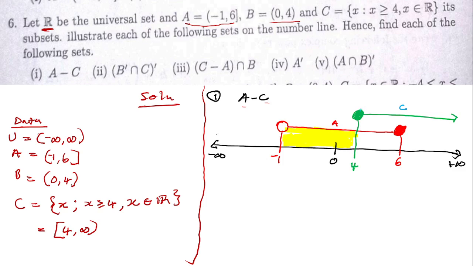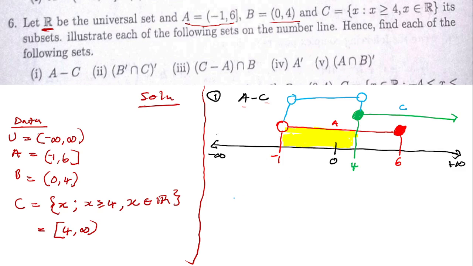So in our answer, 4 is not part of the set. But if you go this side and try -1, -1 is not affected, so you put the same bracket and connect them.